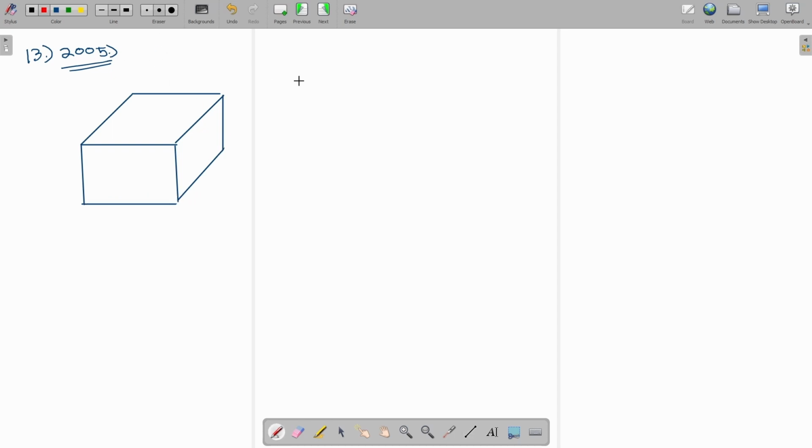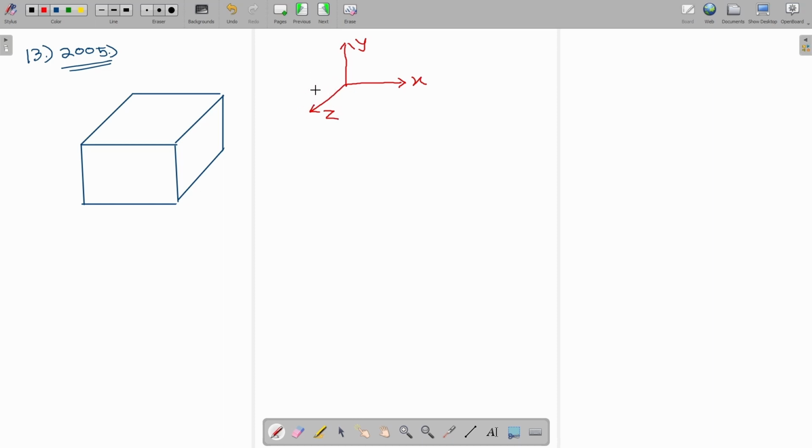Now, in this case, the axes are given as follows. This is the x-axis or the x face. This is the y-axis or the y face. This is the z-axis or the z face.